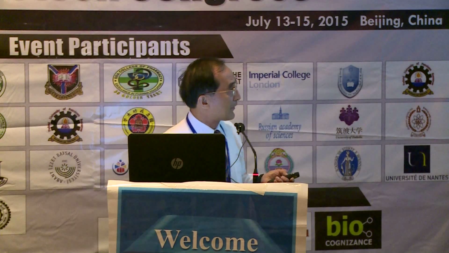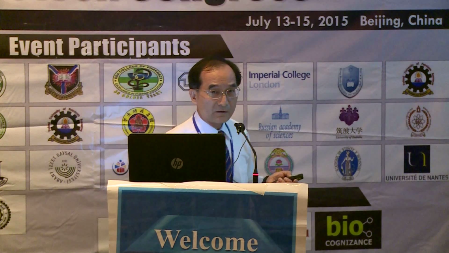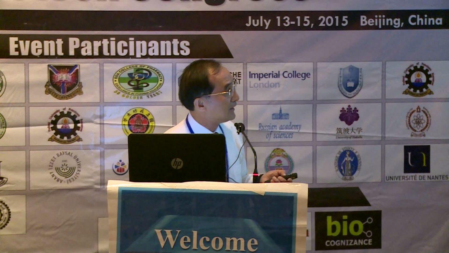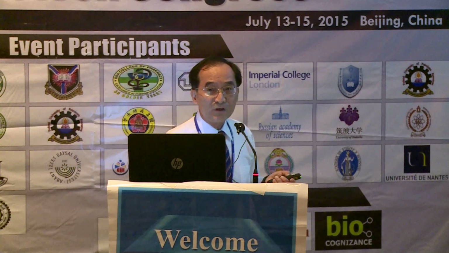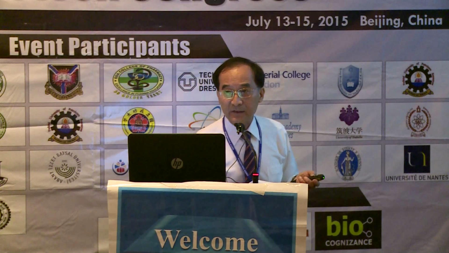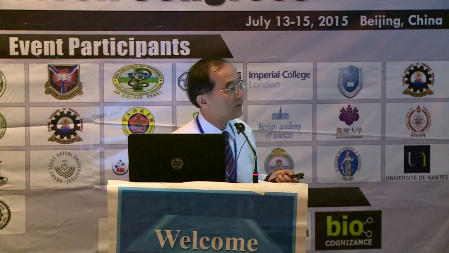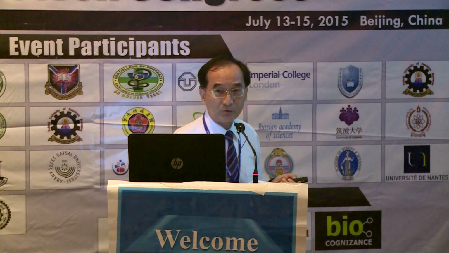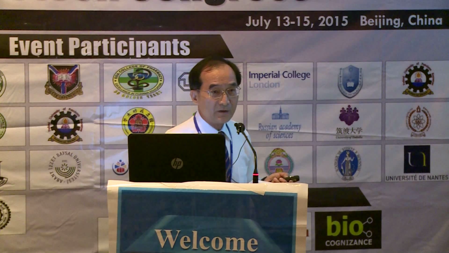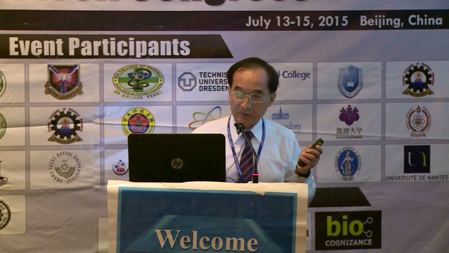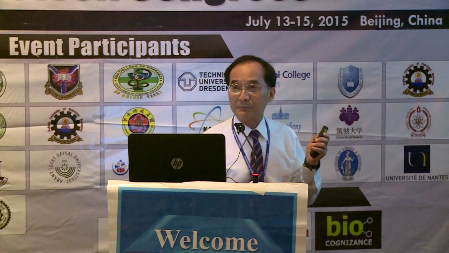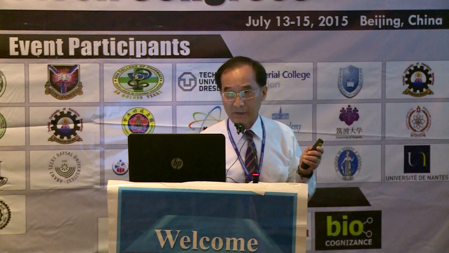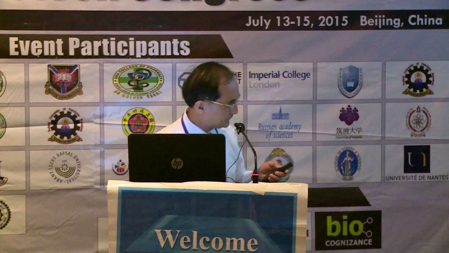In 2013, there were approximately 9 million new TB cases in this year only. And about 1.5 million people died from TB. So perhaps TB is more important and serious than HIV and malaria in this world.